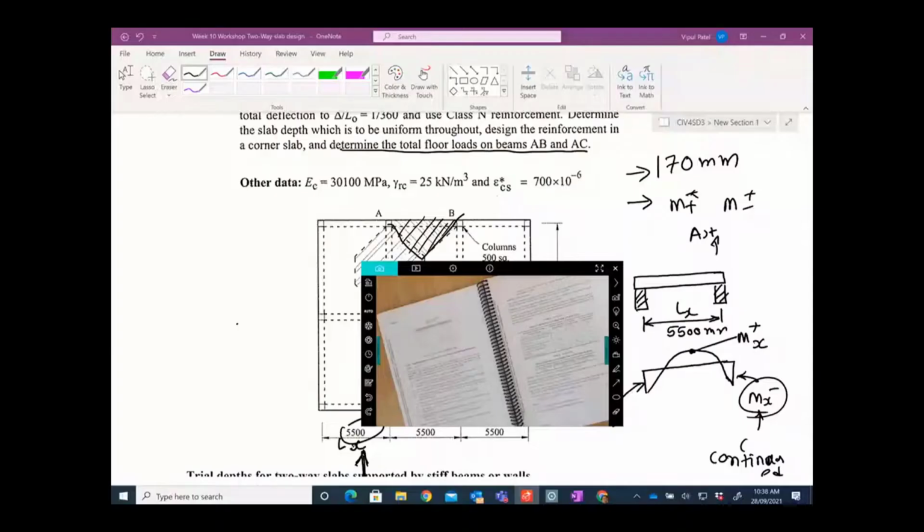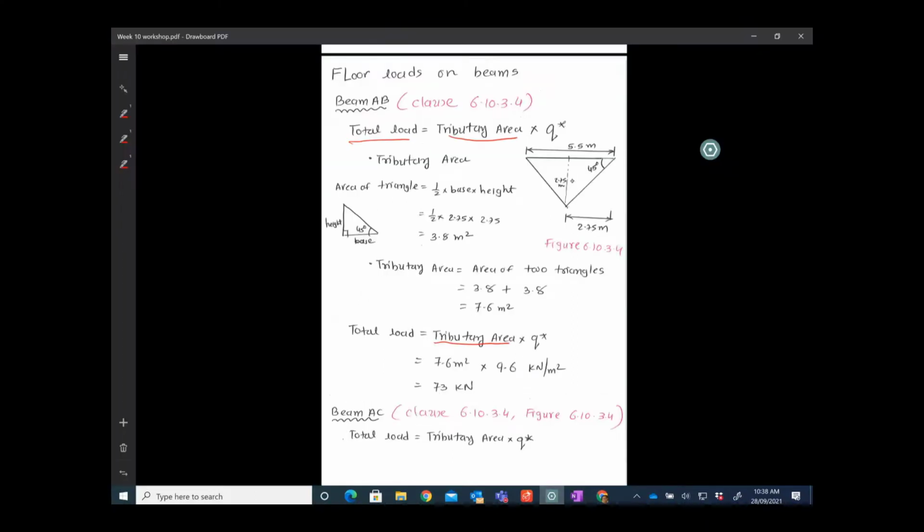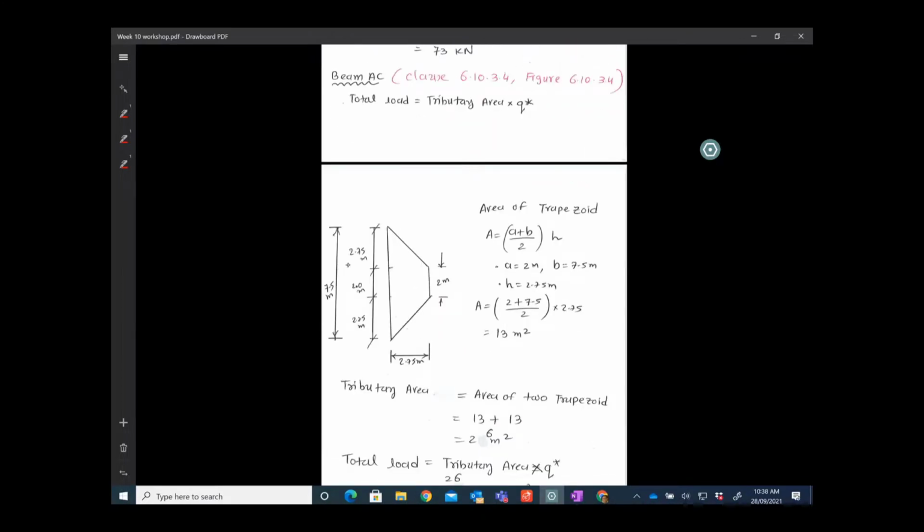If someone asks you to find this area, you know this is 5.5. You know this height that we're going to calculate from this 7500. I'm going to help you calculate that height. So that height is 2.75. How is it worked out? This will distribute like this: 2.75, 2 meters and 2.75 meters.